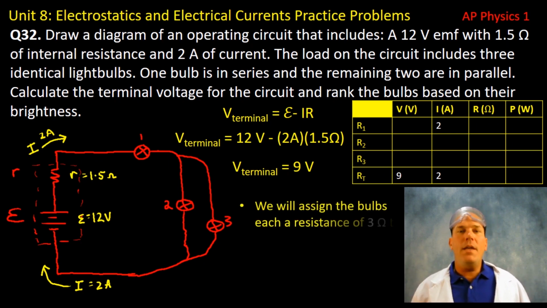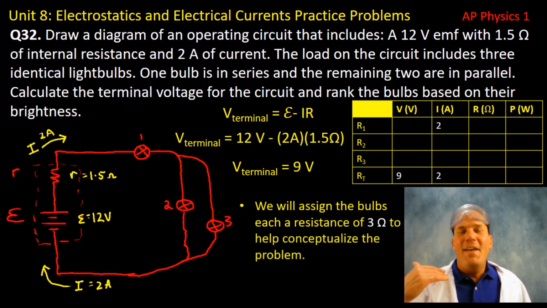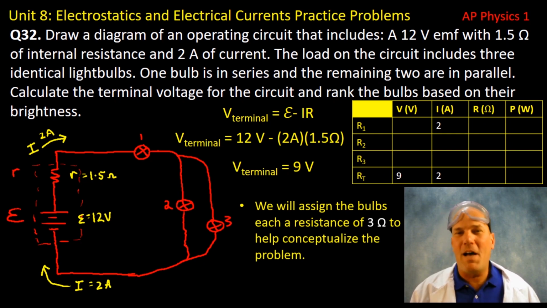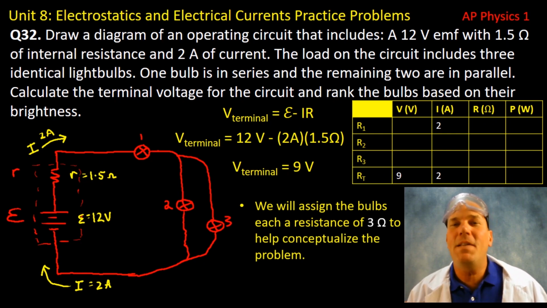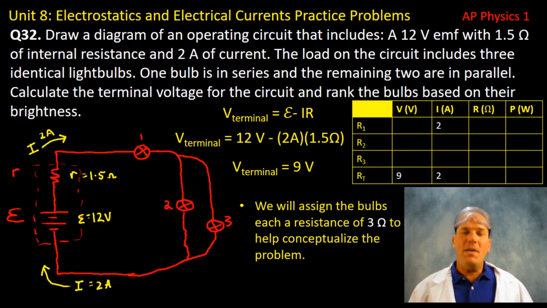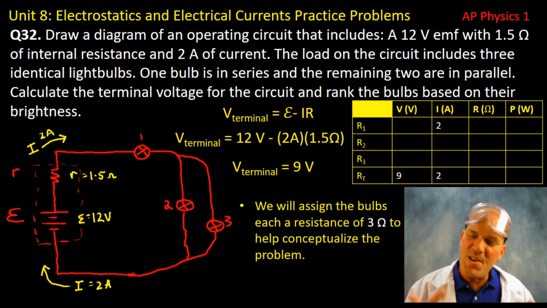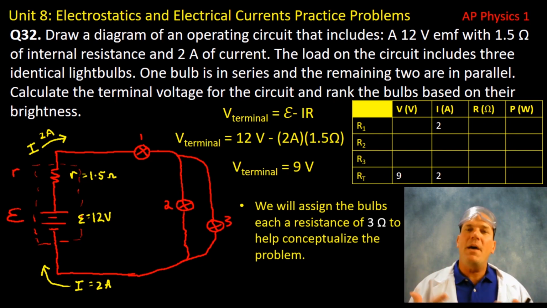Okay, then there's some simple ways to solve this problem conceptually, and I'm going to get to that, but bear with me, because as you've heard me say over and over and in class, the more we talk and think about physics, the better and more proficient you will become.